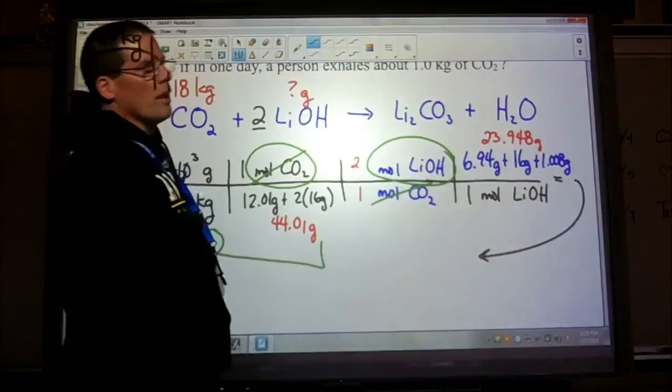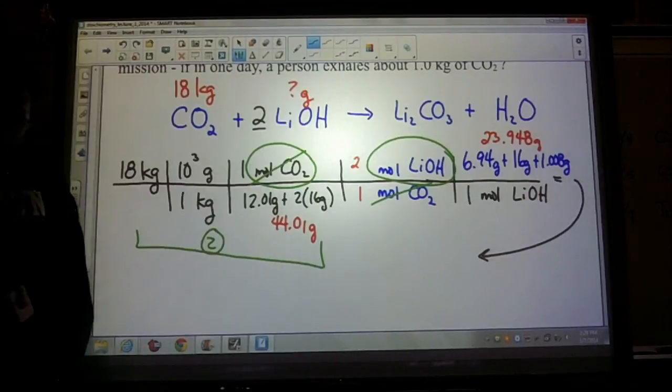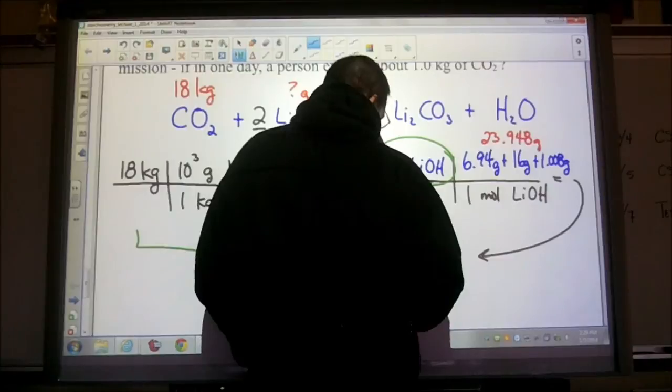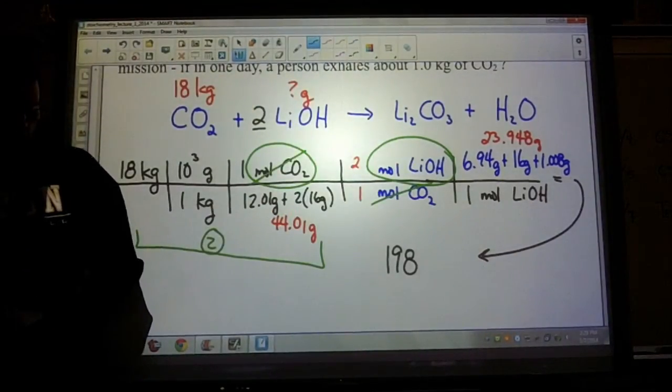Okay, so now that would give us grams of lithium hydroxide, which is 19,589.3. Hold on there. Let's see what we got. 2 times 10 to the fourth, that's what I gave.